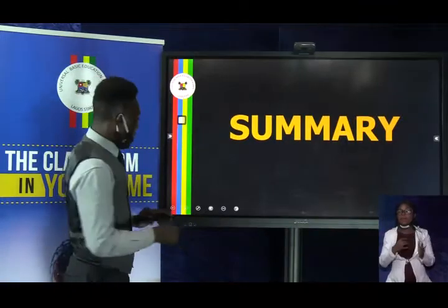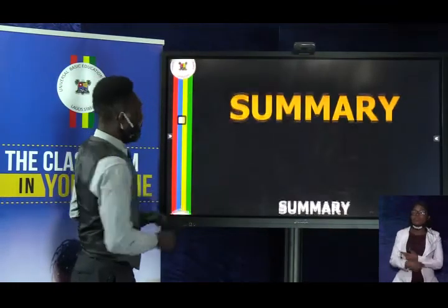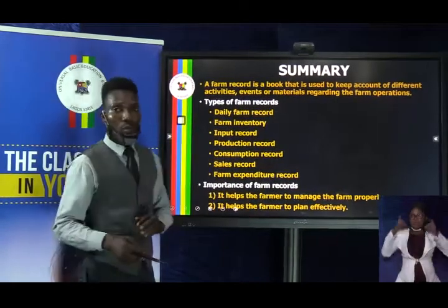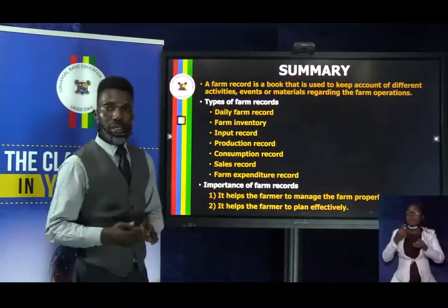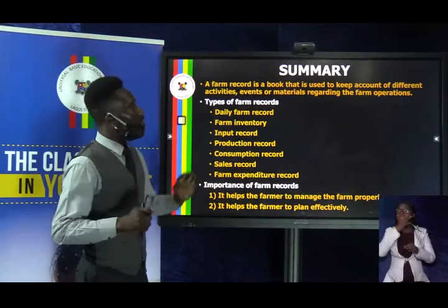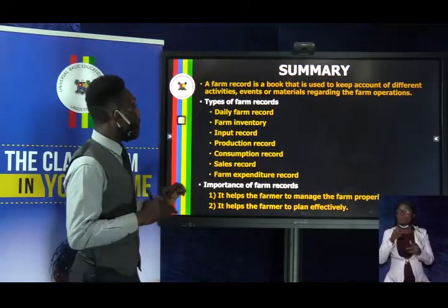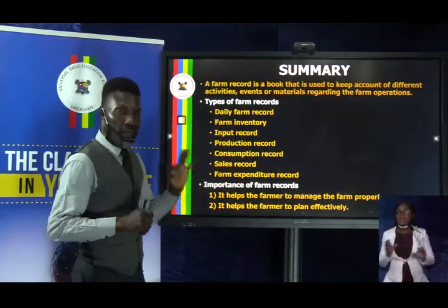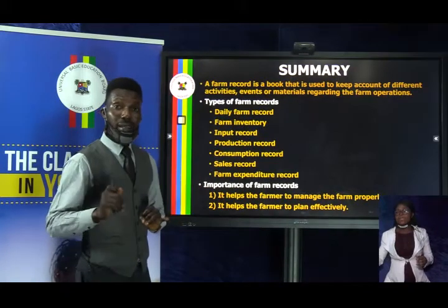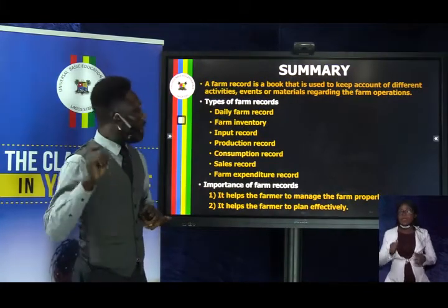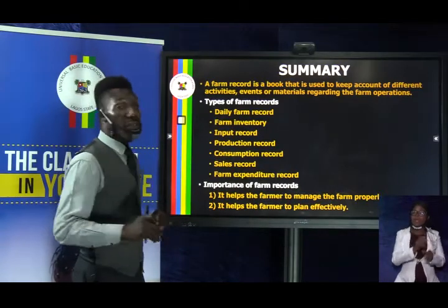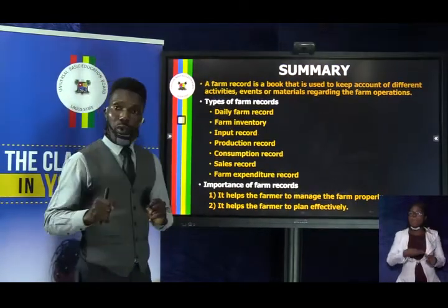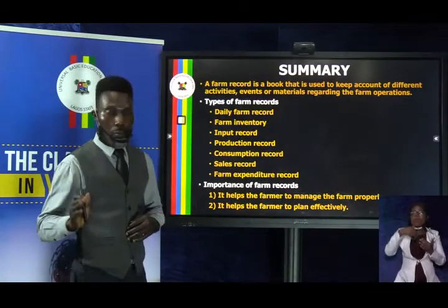In today's lesson, we have successfully talked about farm records. You were told that a farm record is a book that is used to keep account of different activities, events, or materials regarding the farm operations.